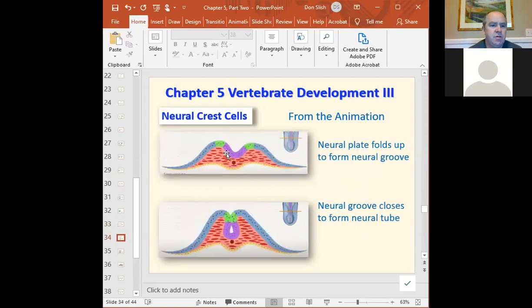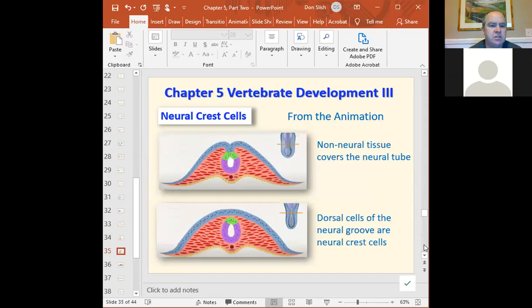So then you get the cells bending down here and coming out and closing. And then once it closes, these cells in the neural crest are now exposed to a lot more BMP4, and that's causing them to upregulate snail, twist, and another transcription factor that slips my mind right now.